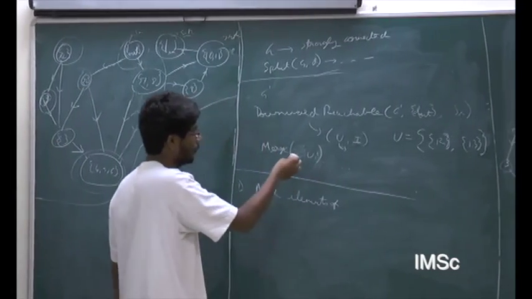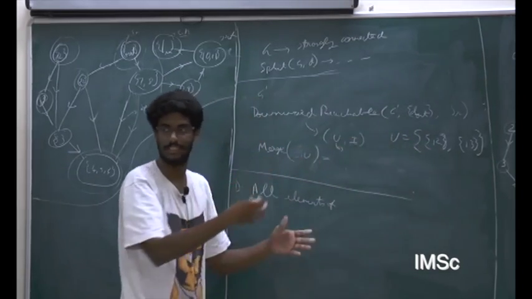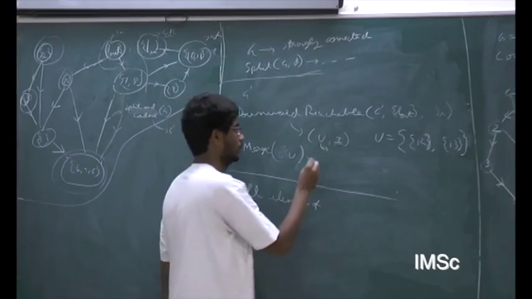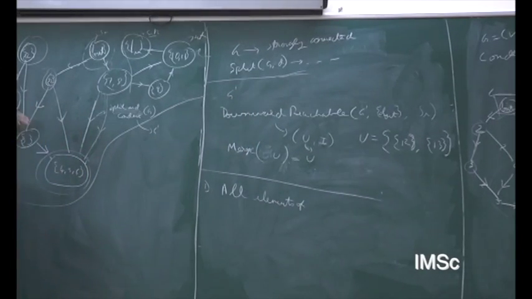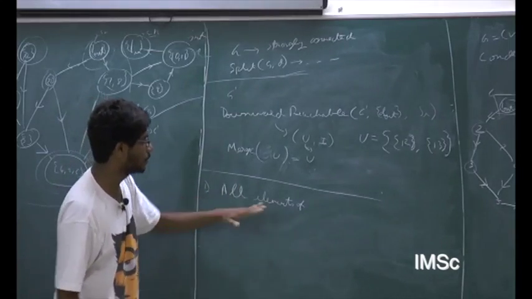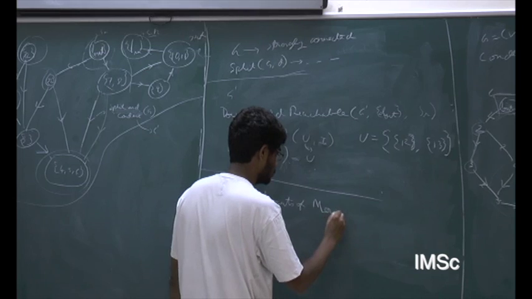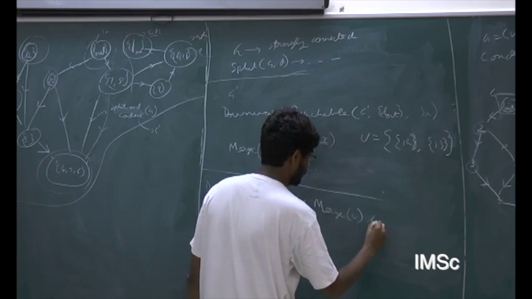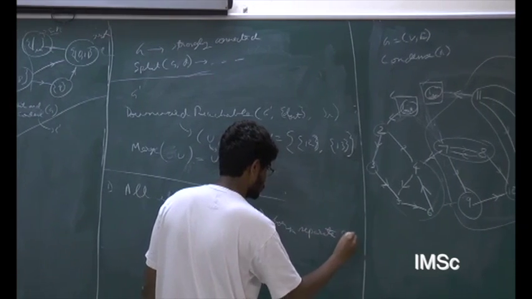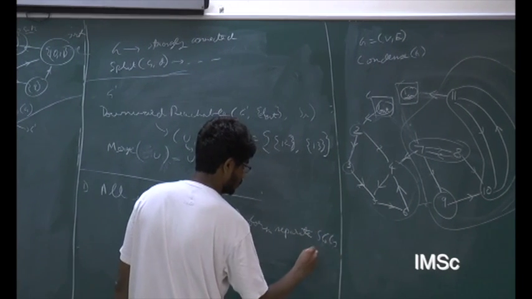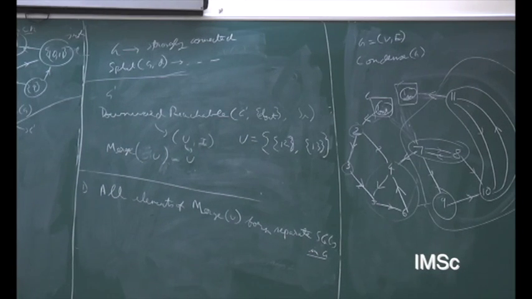So now what is merge of U? Merge of U is just replace: if there is a 1 in or a 1 out, replace it. It's not, so merge of U is the same as U. So the claim is all elements of merge of U form separate SCCs in G. This is the first claim.